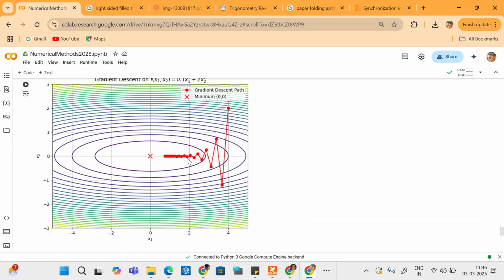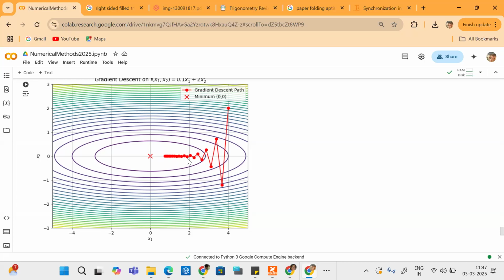you can see even after 20 epochs or 20 iterative steps, it has not yet reached 0, 0. Has it reached 0, 0? No, even after 20 iterations, it has stopped here. But to be honest, you used the Sylvester criterion to find that 0, 0 is the minimum just by normal computation, whereas gradient descent, even after 20 iterations, is struggling.